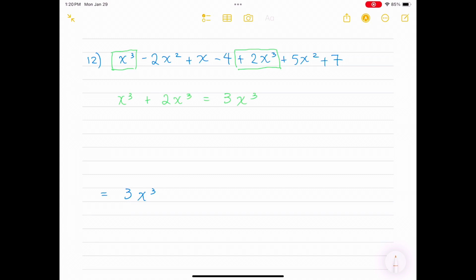We write down the simplified term 3x cubed below behind the equal sign, giving ourselves plenty of space to continue simplifying terms.